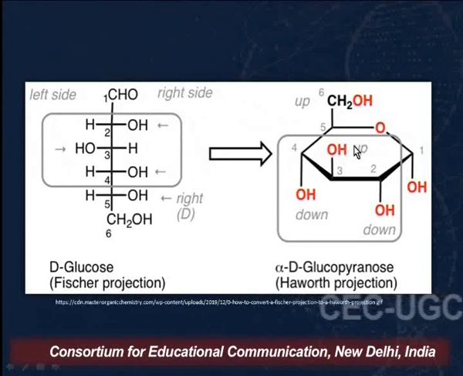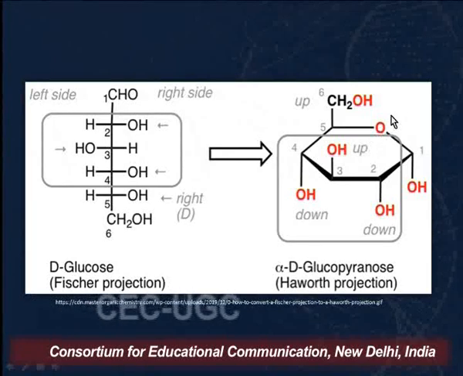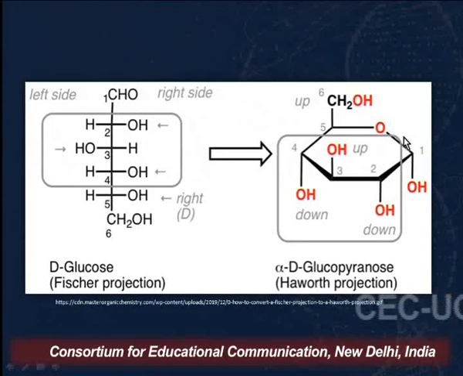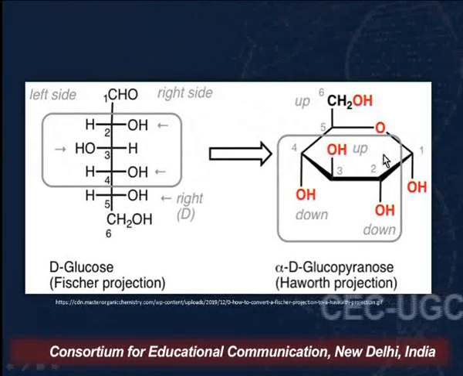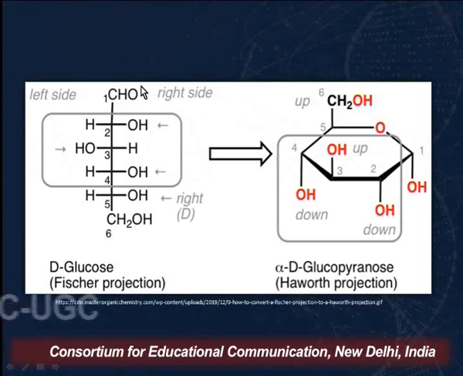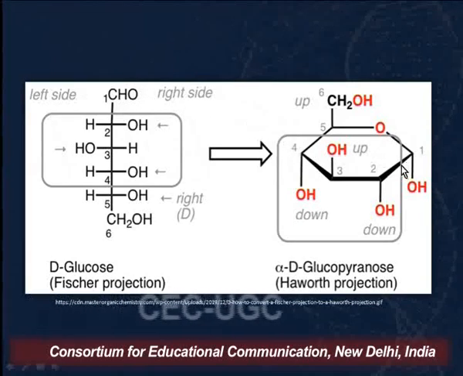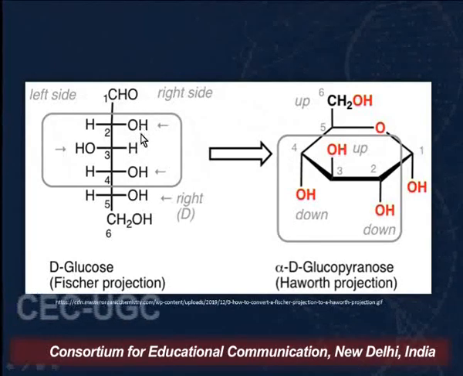So what you have to remember is that when you are making the structure, first you make the pyranose ring with the oxygen at the top, and then this carbon will become the first carbon, which has become asymmetric due to the reaction between this OH and this aldehyde group. Then we have this OH.